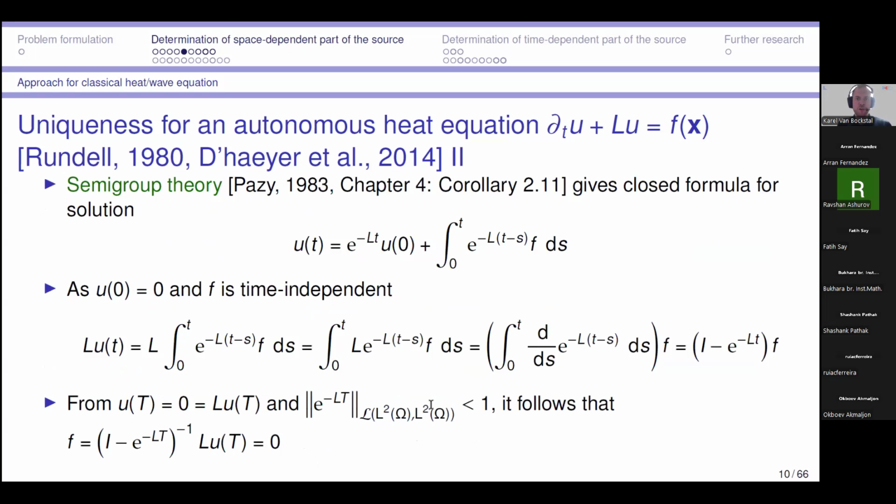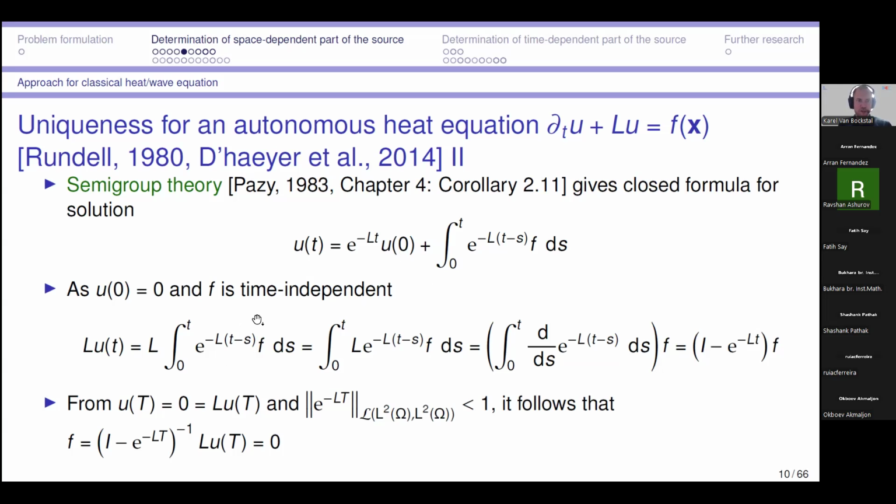There's a closed formula for this solution, which is given here. And so the initial data is equal to 0. In the case of uniqueness, also the final-in-time measurement is equal to 0. And then you want to show that f and also u both are equal to 0.